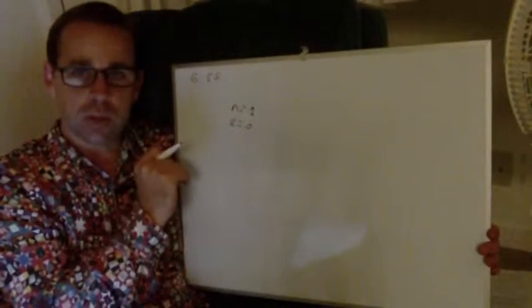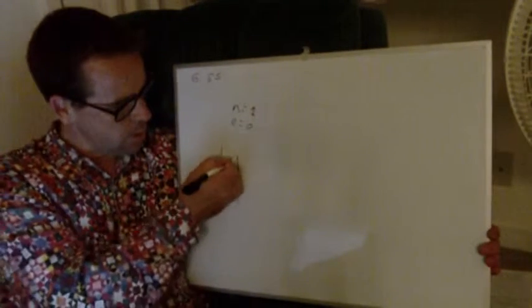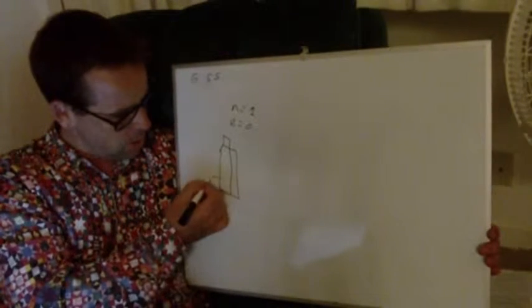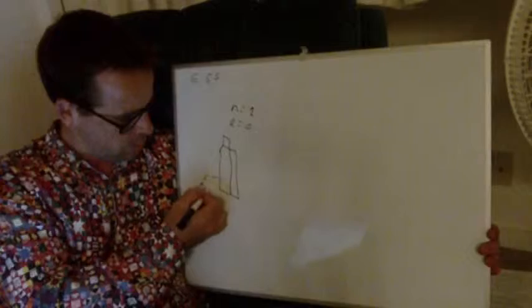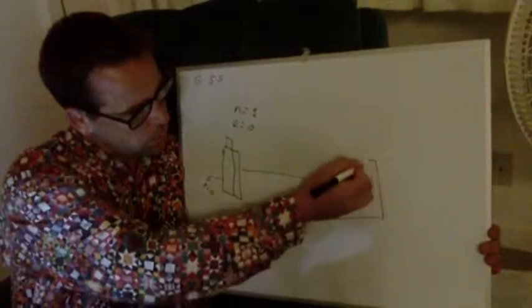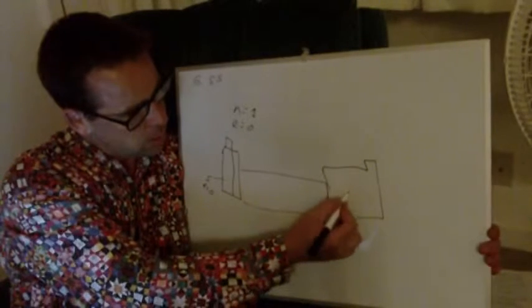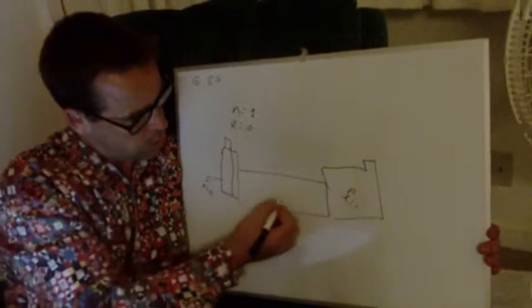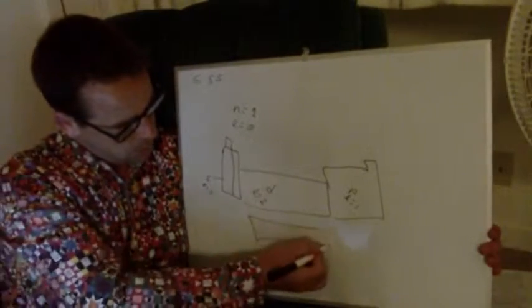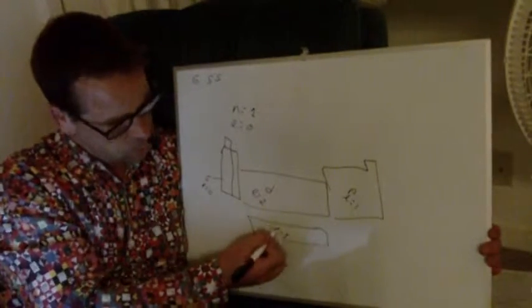And if you remember, 0 corresponds to our S block, right? So this is the S block, and that's where L equals 0. Our P block over here is L equals 1. Our D block, L equals 2. And our F block down here, L equals 3.